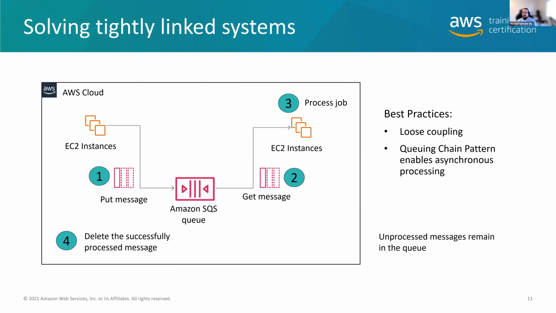You can change that time, by the way. If someone doesn't come back and delete the message, and they have to have read it in order to delete it, so no one can just randomly delete messages. You have to read it in order for it to be deleted. If no one comes back and deletes that invisible message, it becomes visible again, which means somebody else can pick it up for processing. It's a nice system.